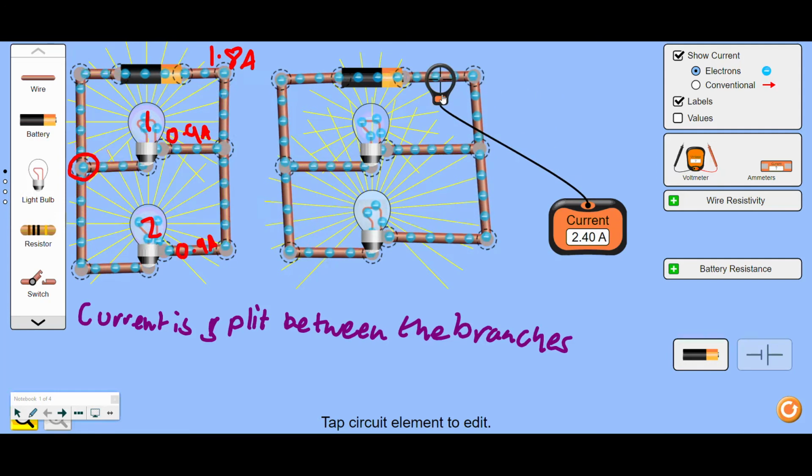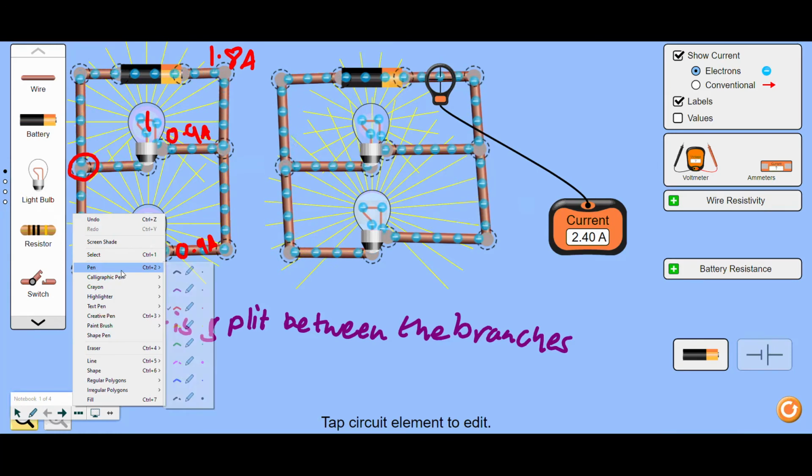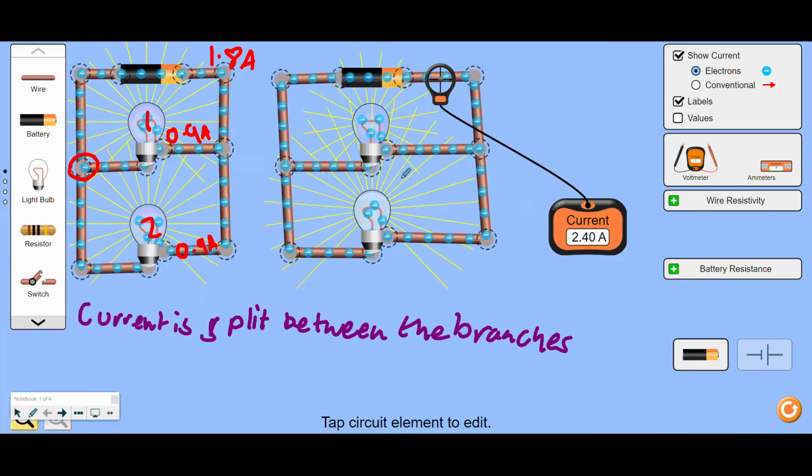First off, we'll find the total current again. The total current this time is going to be 2.4 amps. So total current at the top is 2.4 amps. Now if you look, this is not splitting equally. We can see that the current is moving much faster through the bottom. There's much more current, much more charge per second, flowing through the bottom bulb.